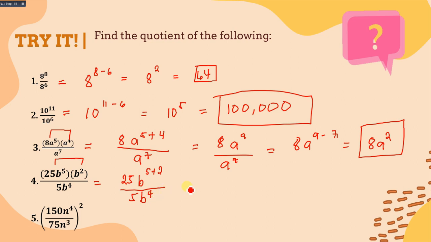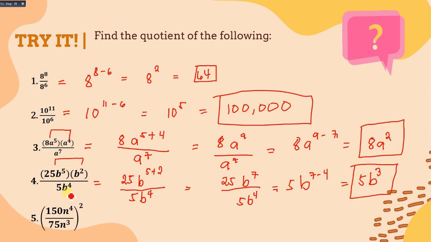So this will become 25b raised to 7 over 5b raised to 4. And then we can now apply the quotient rule wherein we simplify and divide 25 divided by 5. We have 5, and then b, 7 minus 4, we will have 5b cubed. And this will be our final answer.